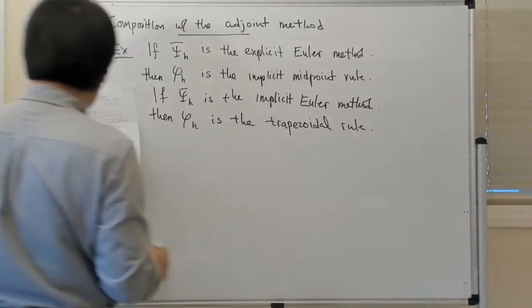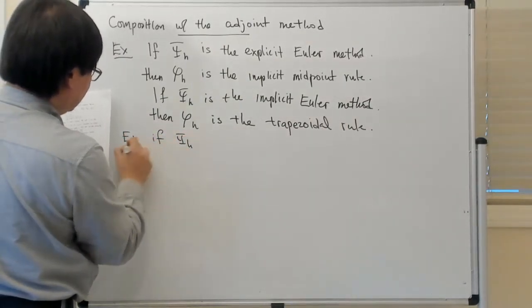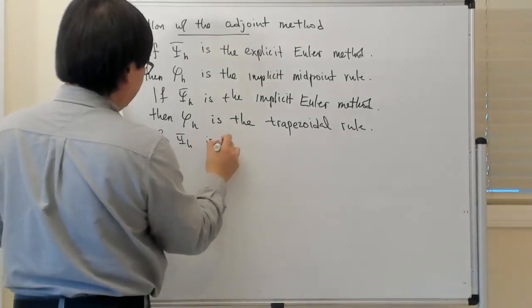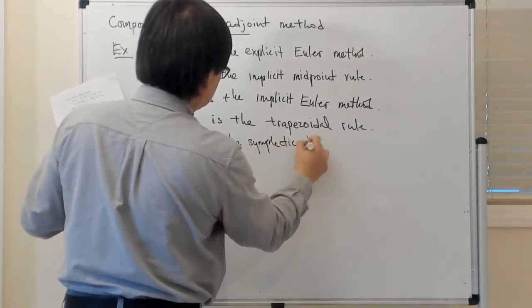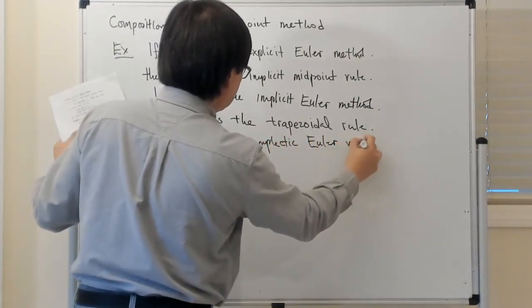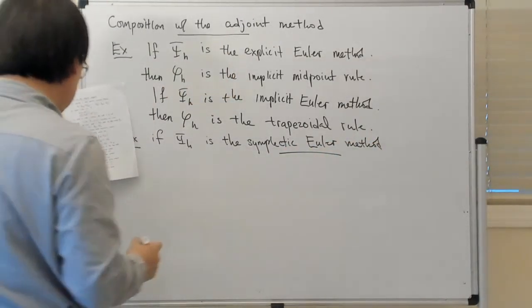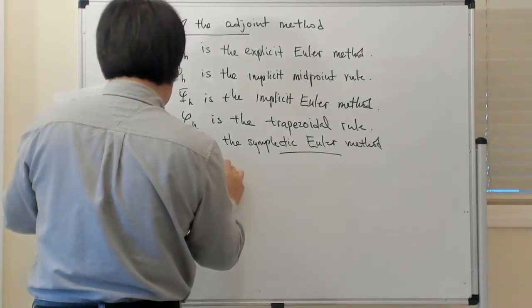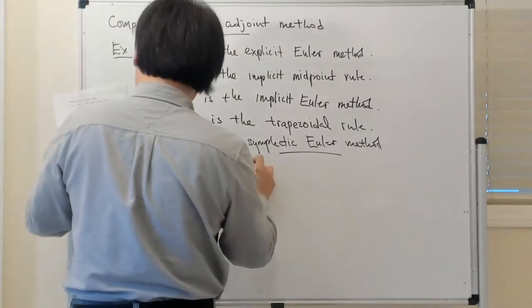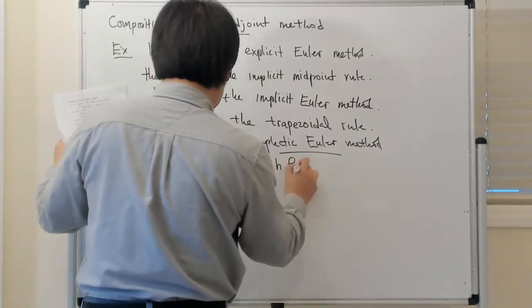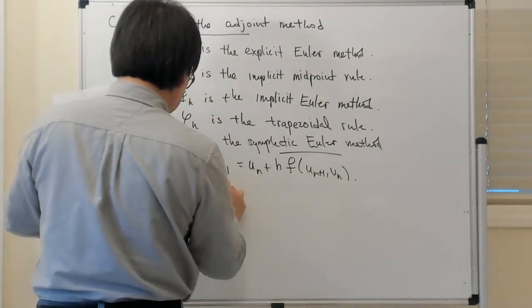Then another observation is that if the underlying method is what is called the symplectic Euler method, which is an example of a partitioned Runge-Kutta method, it looks slightly different depending on whether you have the U or V variables.